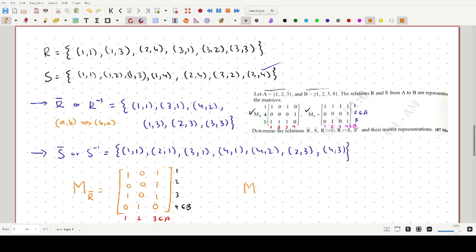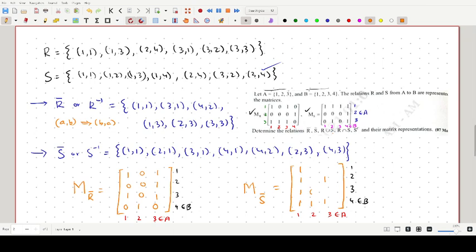The matrix representation of S inverse would be as well, four rows and three columns, right? So the four rows correspond to the four elements of set B, and the three columns represent the elements 1, 2, 3, which belong to the set A. Now, 1 comma 1 is an element, 2 comma 1 is an element, 3 comma 1 is an element, 4 comma 1 is another element, 4 comma 2 is one element, and then 2 comma 3 is one another element, 4 comma 3 is the last element.